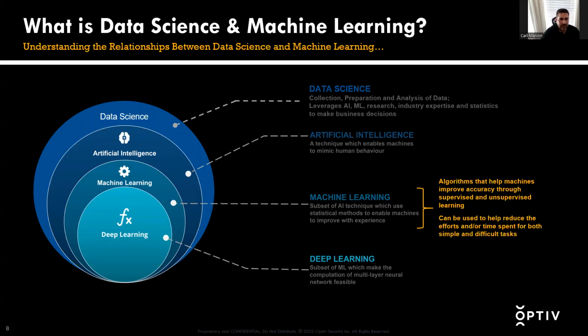So with that in mind, what is data science and machine learning? And the terms get bounced around a lot. You do see artificial intelligence often being called out as a capability that organizations want to build into their program. But realistically speaking, in the cybersecurity space, there really aren't any true AI systems out there yet.